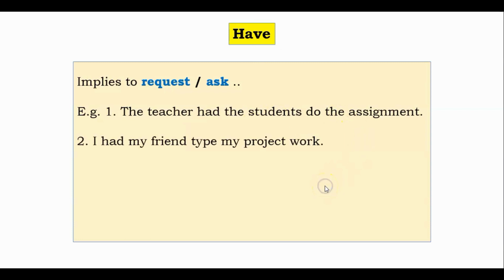Okay? I had my friend type my project work. I requested my friend to type my project work. Okay? To plus V1 is also fine, but usually it is omitted. Third sentence, I will have Reena walk my dog for a while.